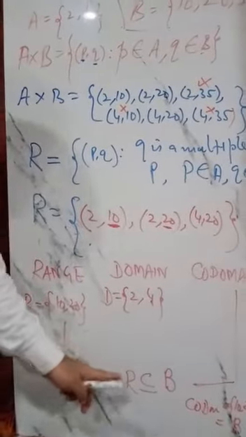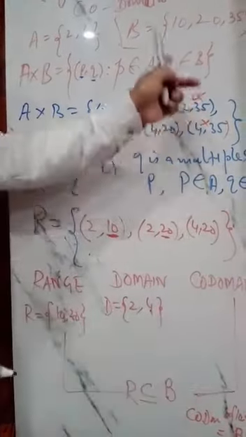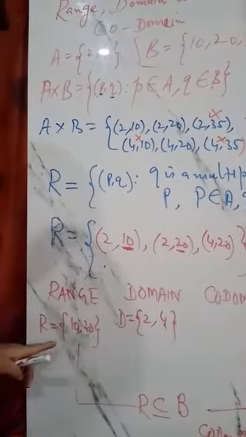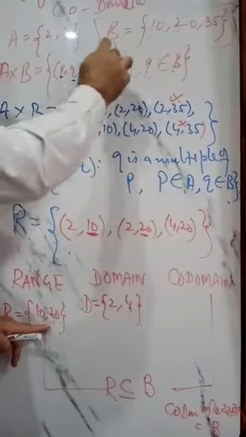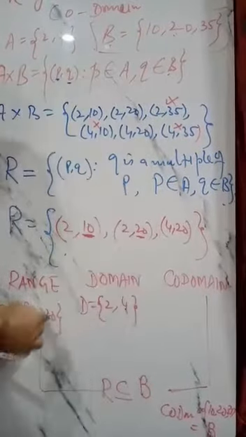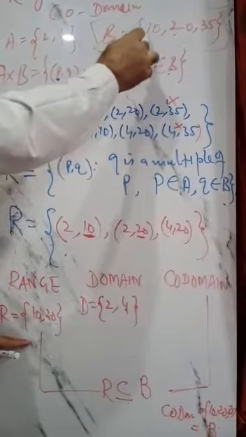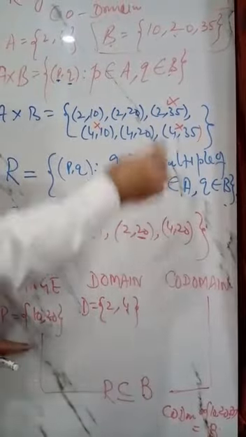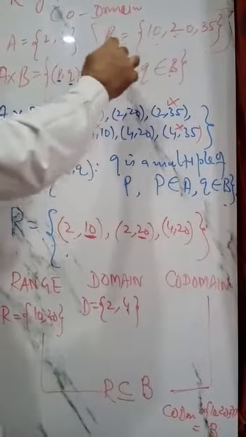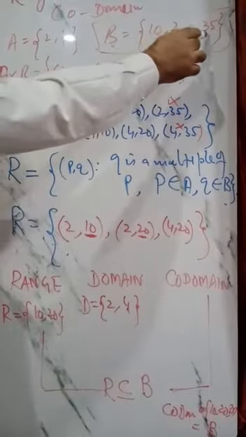Range is nothing but a subset of B. The range is 10, 20, and 10, 20 is in set B, so range is contained in B. That means range is a subset of B, and codomain is all the elements present in set B: 10, 20 and 35.